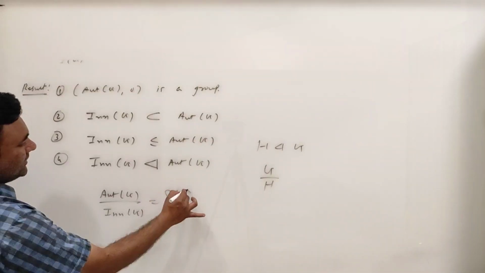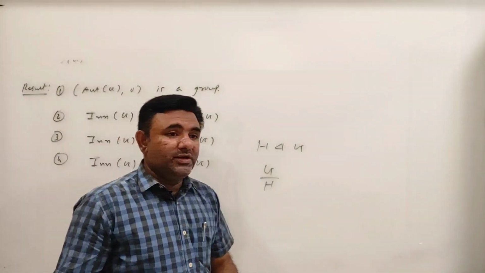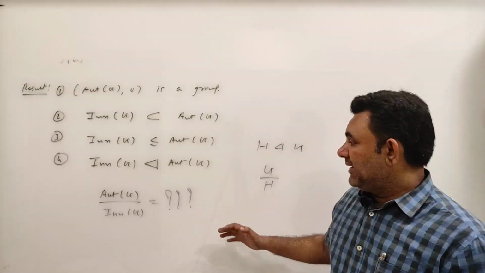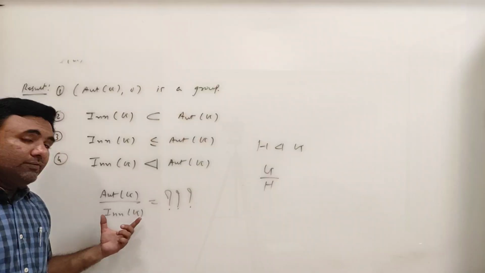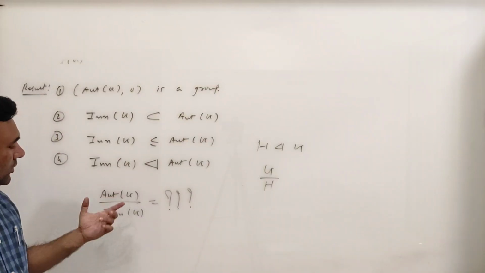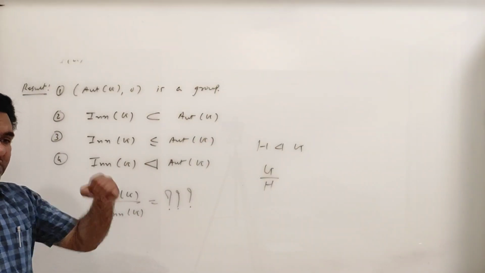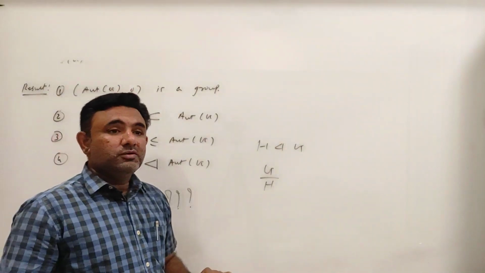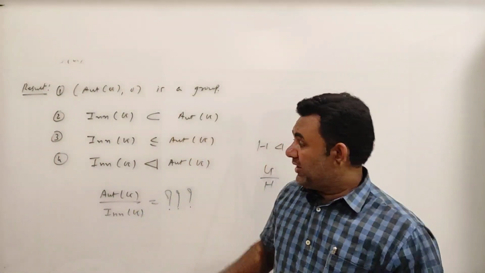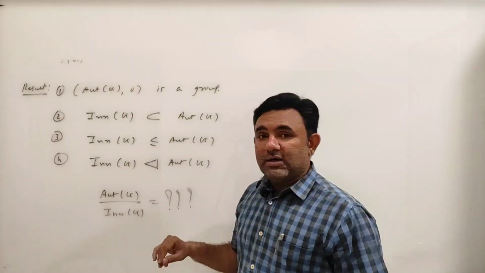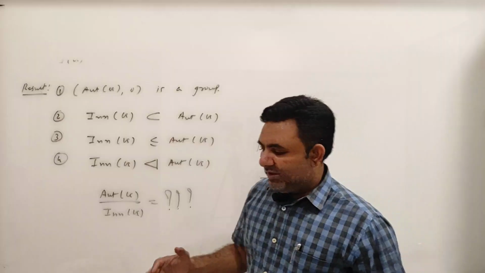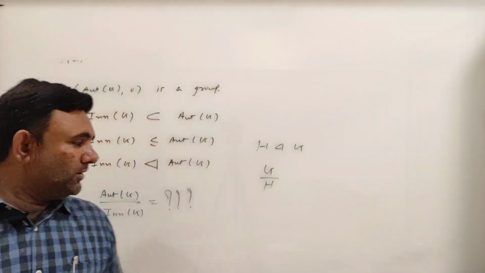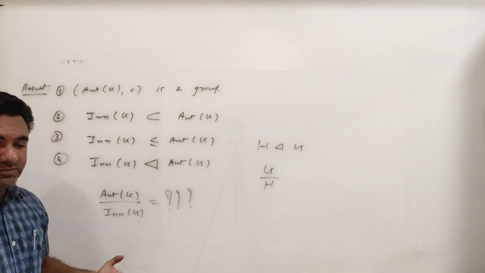This type of question is many times asked in various exams like GATE, NBHM, NET, GSET, right? So we'll deal with this. What is Aut G quotient Inn G, where G is, suppose, S_n or D_n, GL_n(R), SL_n(R)? For that we need something more, then we'll discuss this type of problems.